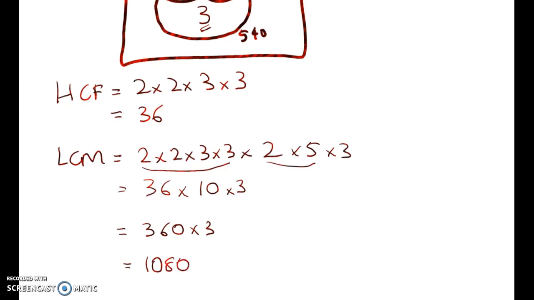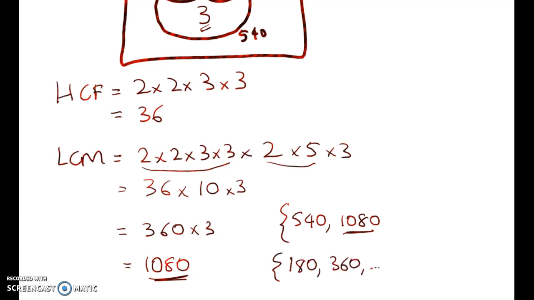If we think about skip counting in 540s, it would go like this, 540 and then 1080. So we can see that 540 is a factor here. Now let's see if we skip count in 180s. Do we get to 1080? Well, yes we do, because 18 times what gives me 1080?